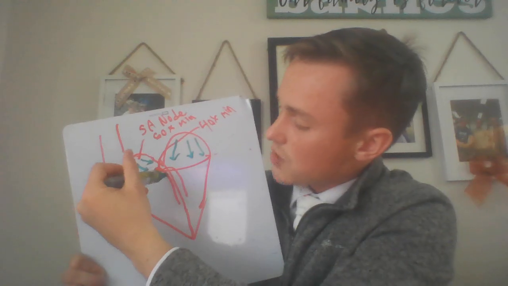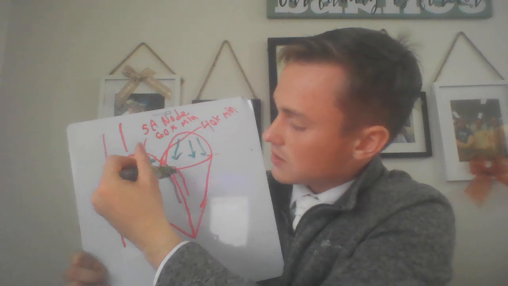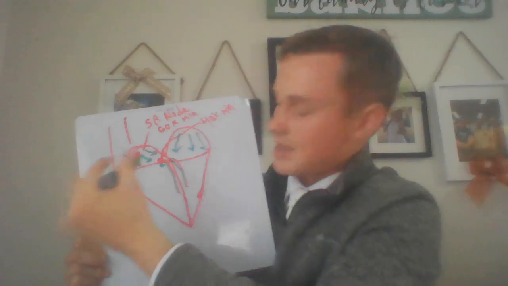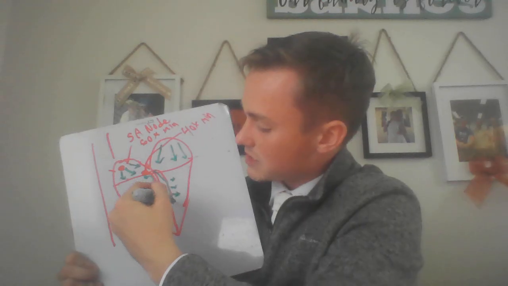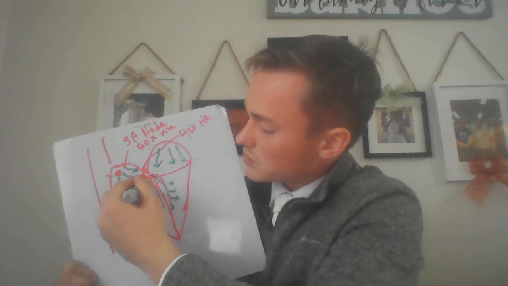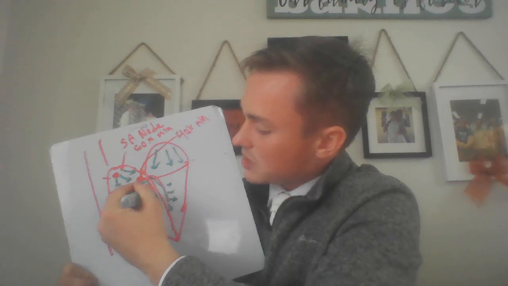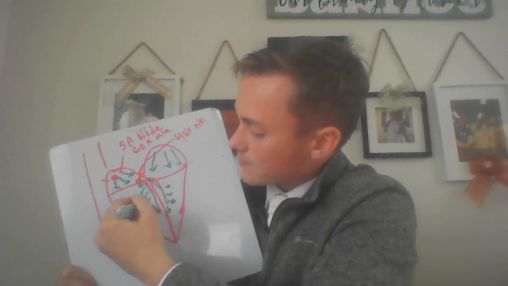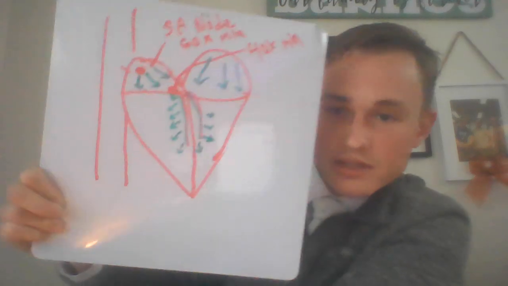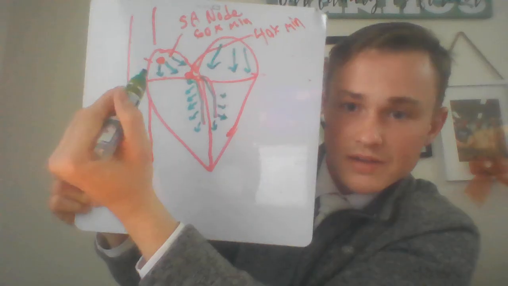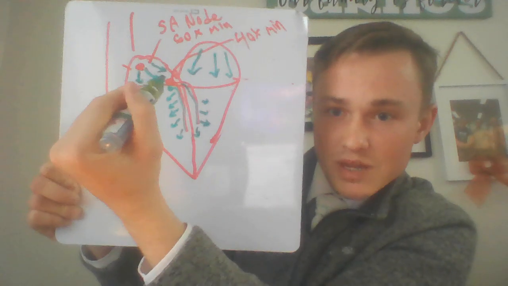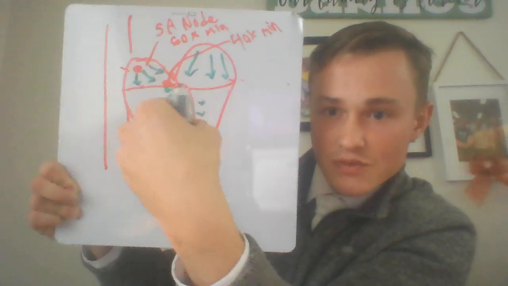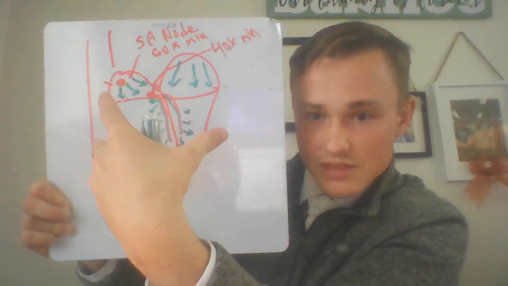Then it goes down the branches that they're connected to, and from there spreads out in all directions. Now remember, I'm still talking about the action potentials, or the cells depolarizing and becoming more positive. You see how that works? It starts up here, goes through both atriums, and then from there goes down the branches, and then from the branches spreads out throughout the rest of the ventricles.